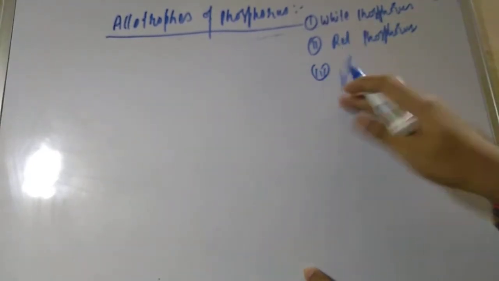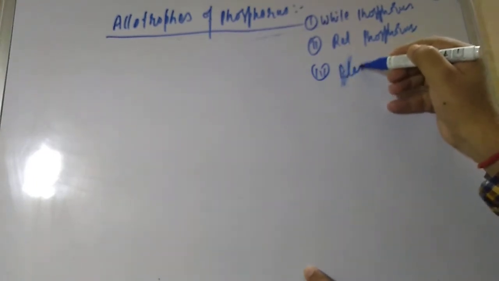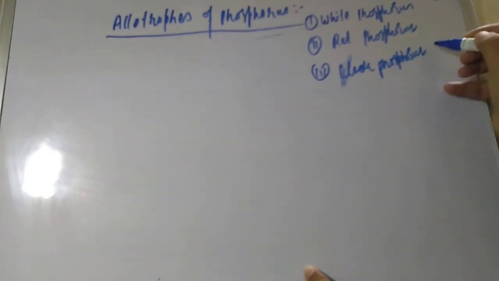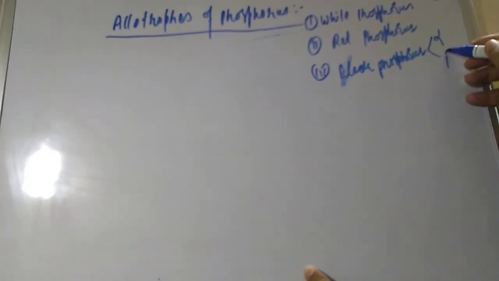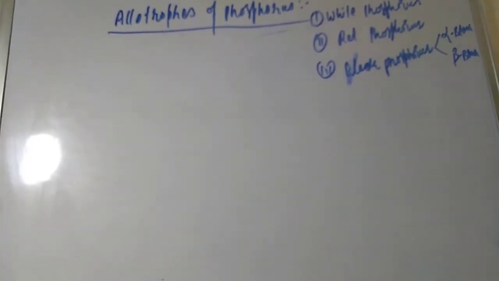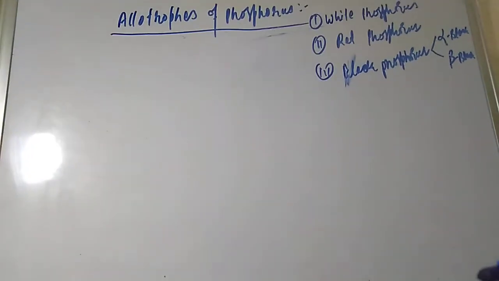This black phosphorus is of two types: alpha black and beta black. So there are three allotropes of phosphorus, which I already explained: white phosphorus, red phosphorus and black phosphorus. Black phosphorus again has two types, alpha black phosphorus and beta black phosphorus.